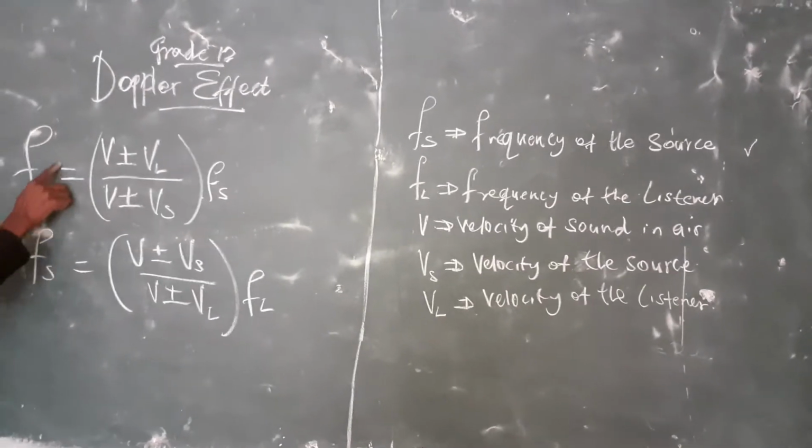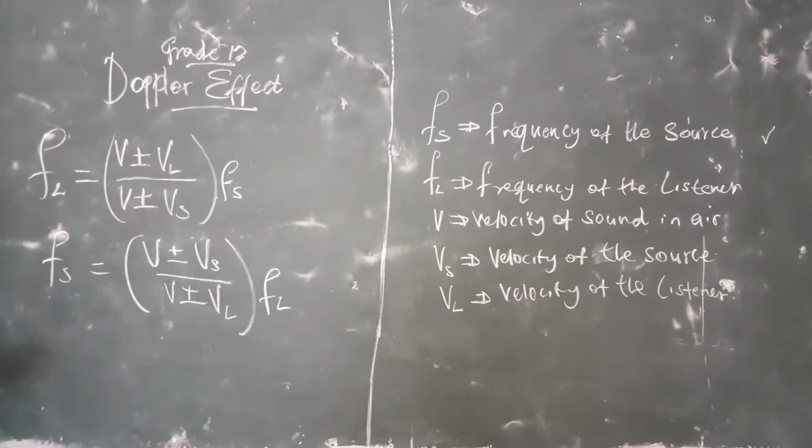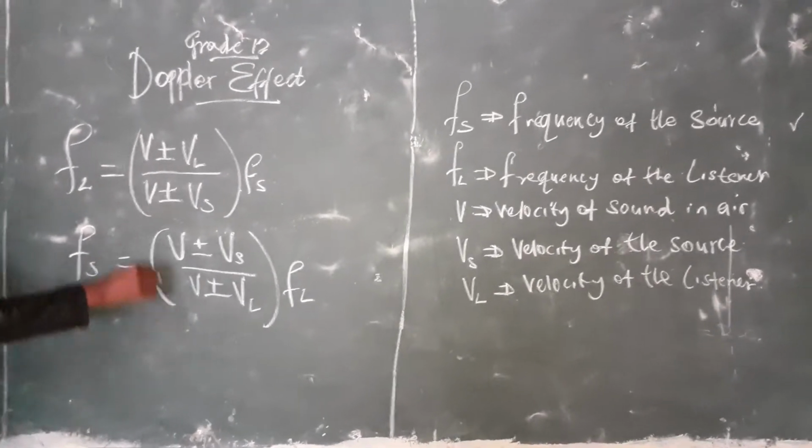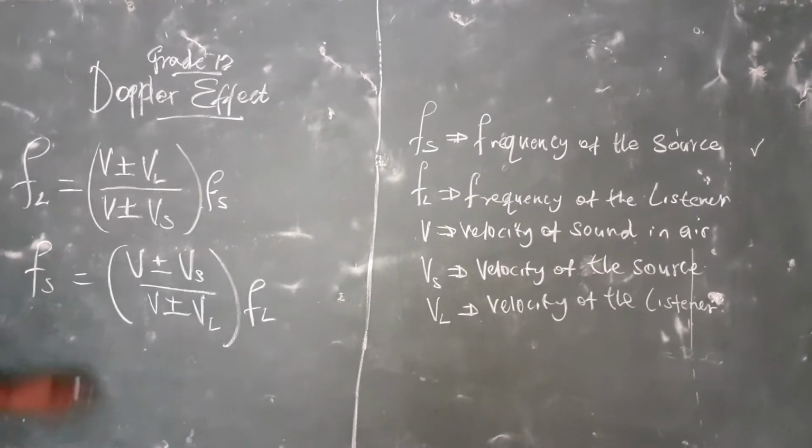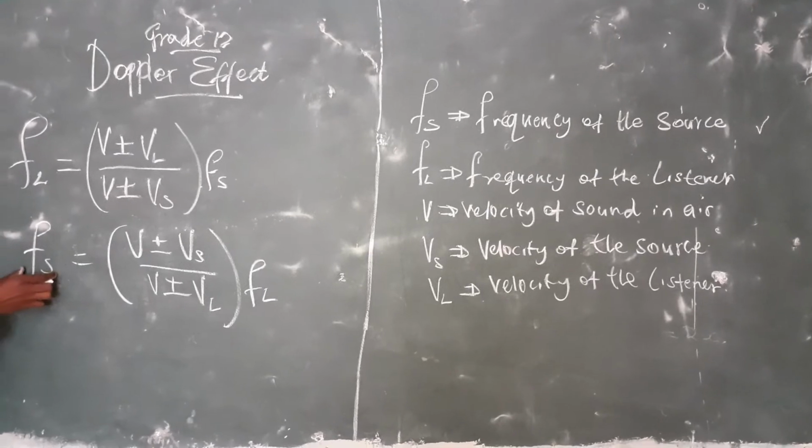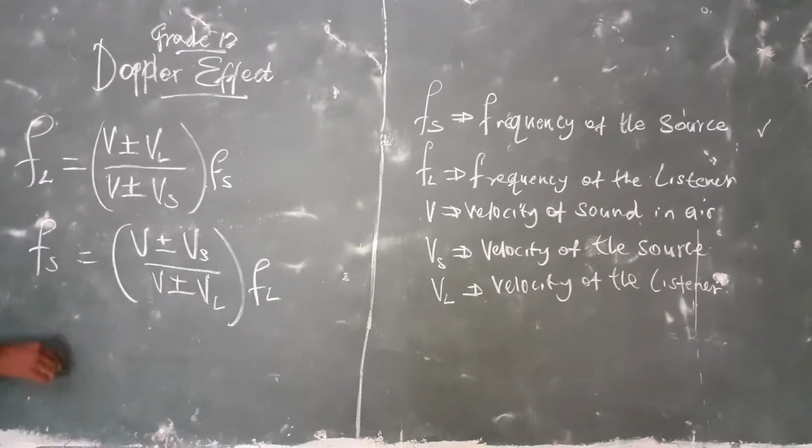When the listener wants to hear a certain frequency from the source, this is the formula we use. And then this one is for the frequency of the source.